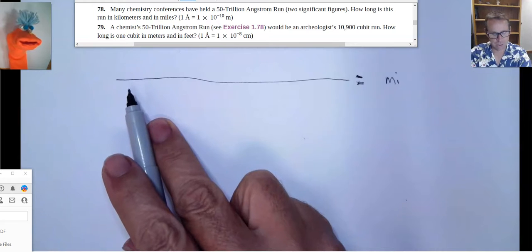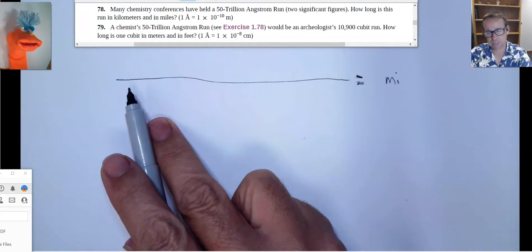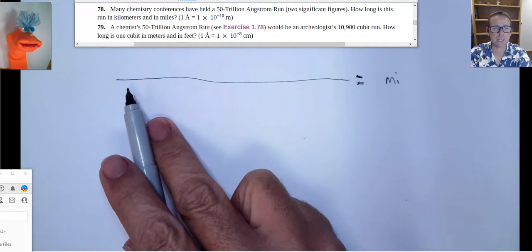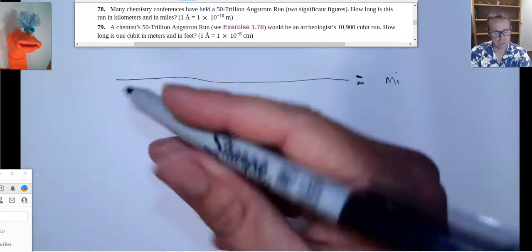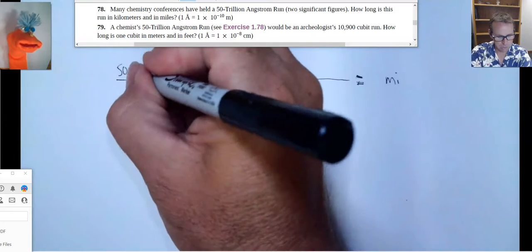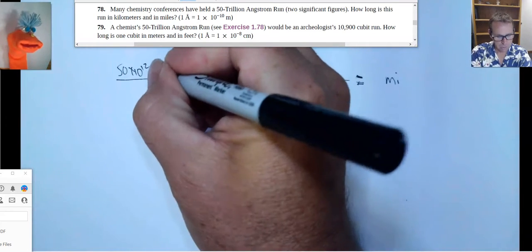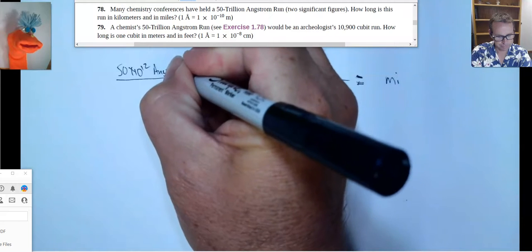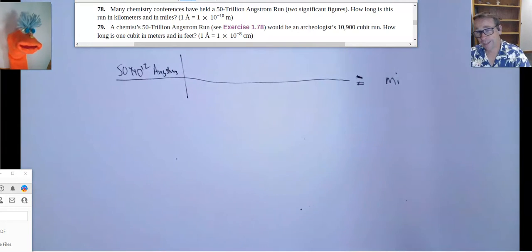50 trillion angstroms. A billion is 10 to the 9th. A trillion is 10 to the 12th. So 50 times 10 to the 12th angstroms. An angstrom.